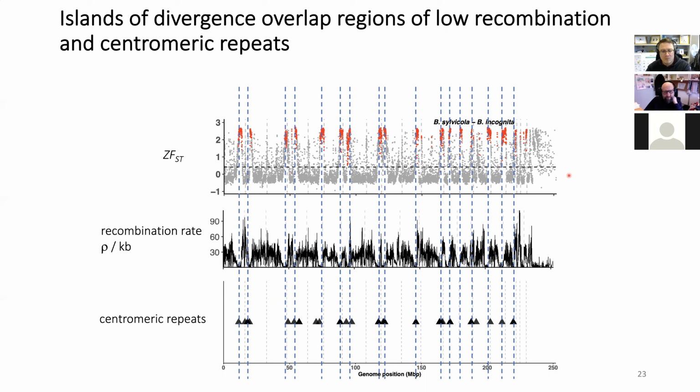So at first sight, this seems to match the model that I mentioned earlier about how linked selection can cause genome divergence.